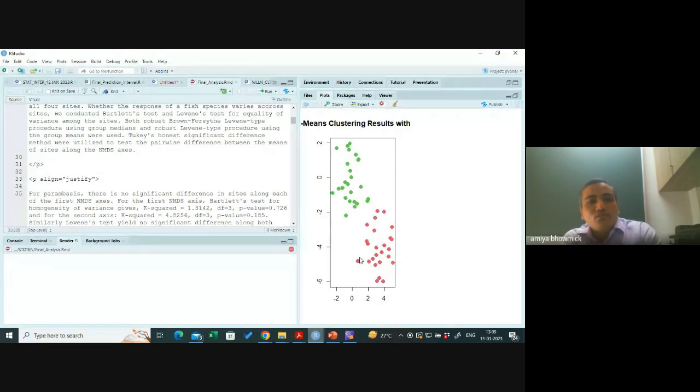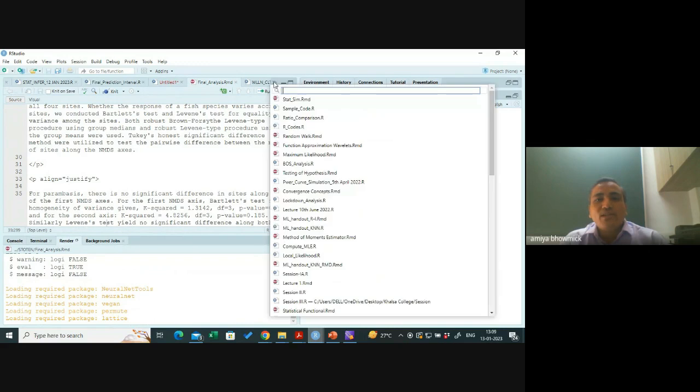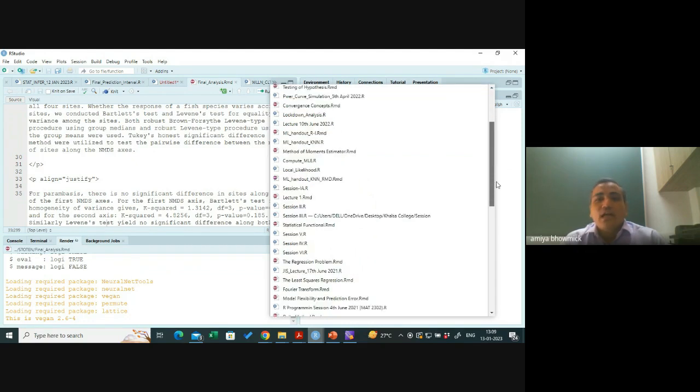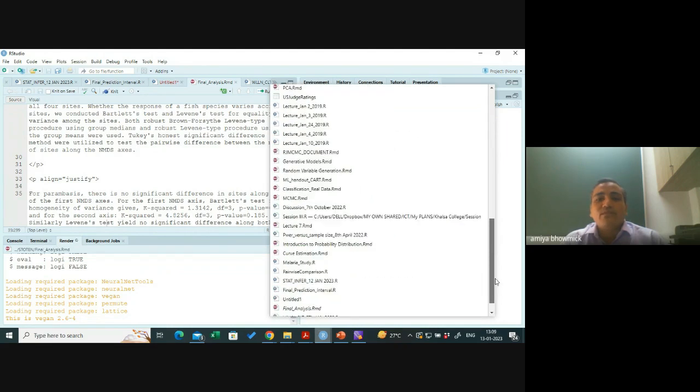I just want to focus on one aspect: when you are working in a single RStudio window, you can work on many things together. Some files are only R files, meaning you have only the script file. You have some markdown files, and you can access them very easily.